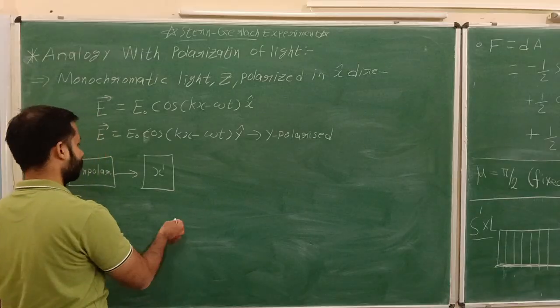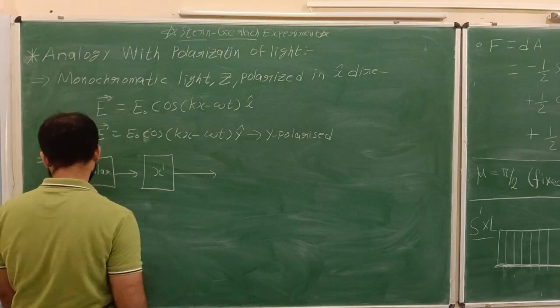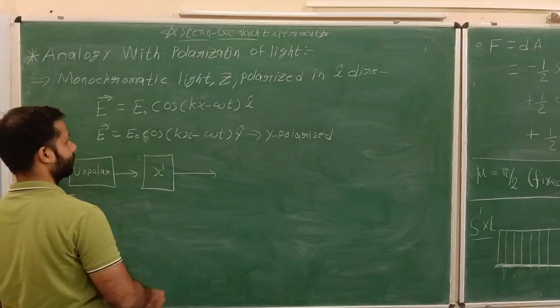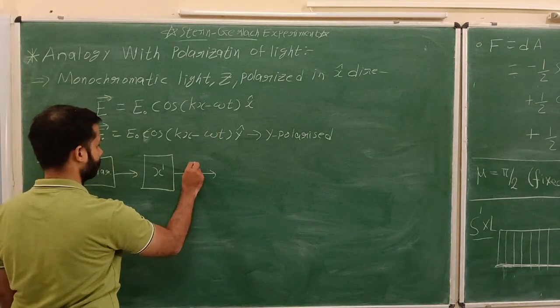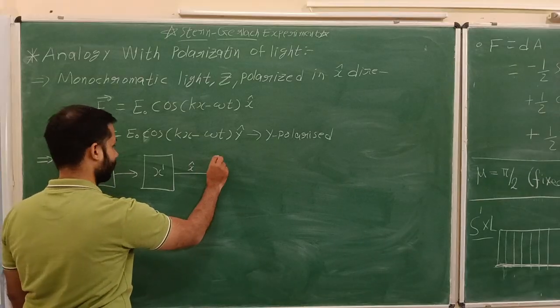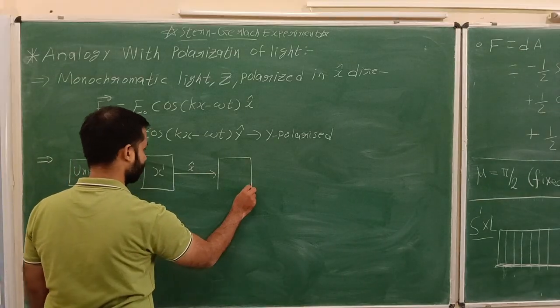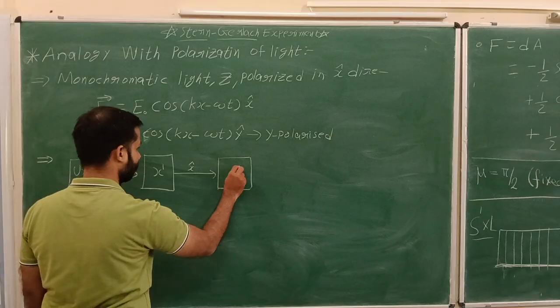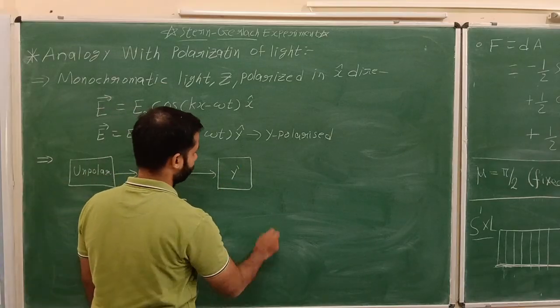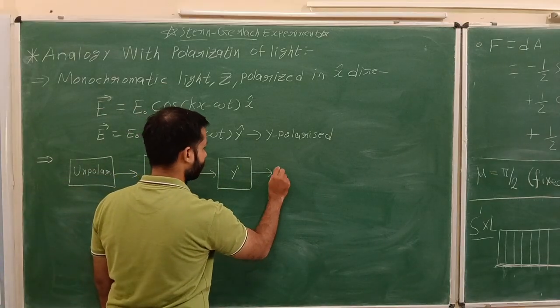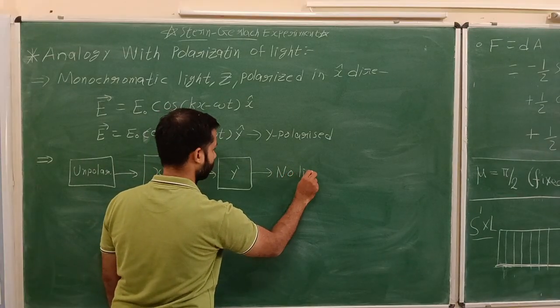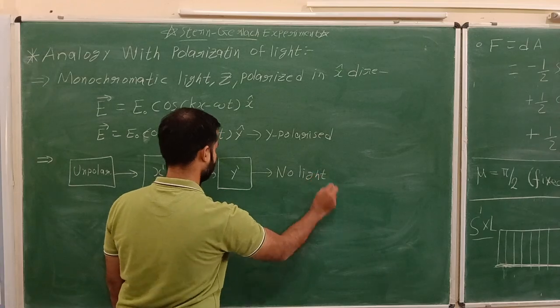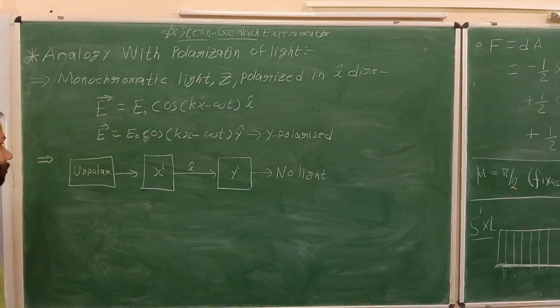After coming out of this, light will be polarized only in this direction, and then this light is again passed through a filter in the y direction, and it was observed that there is no light coming out of this.